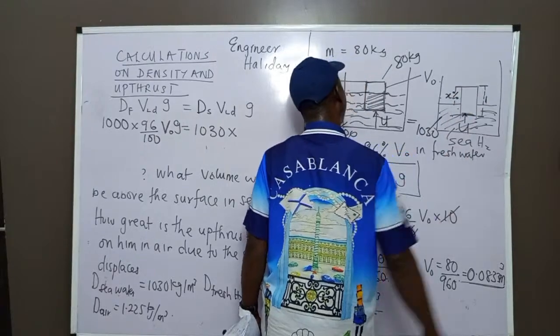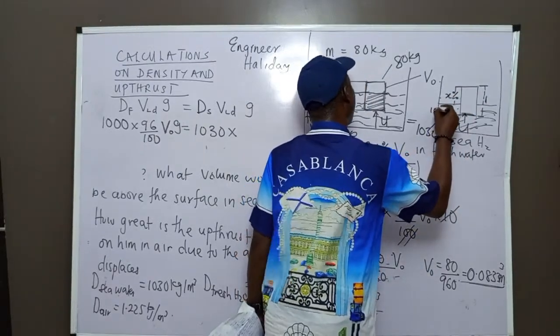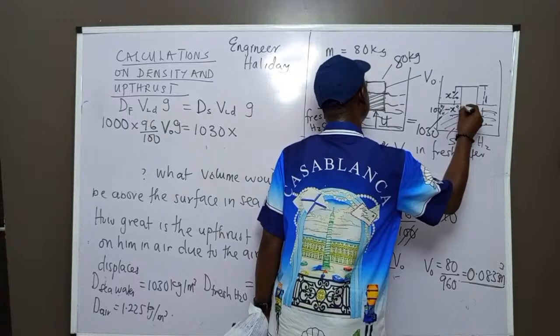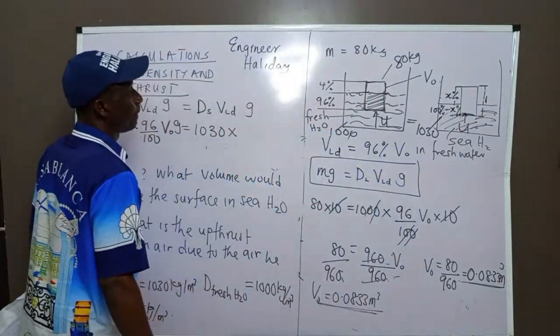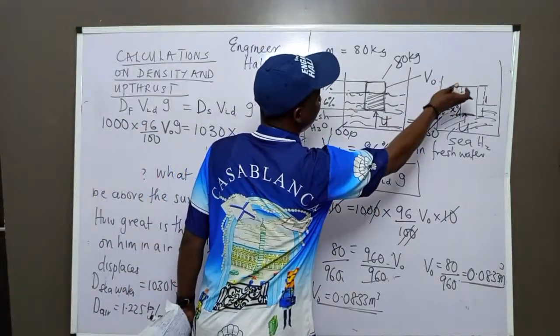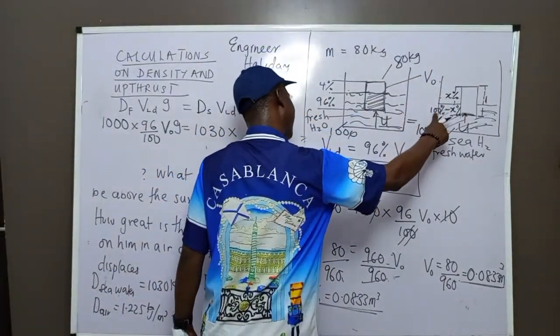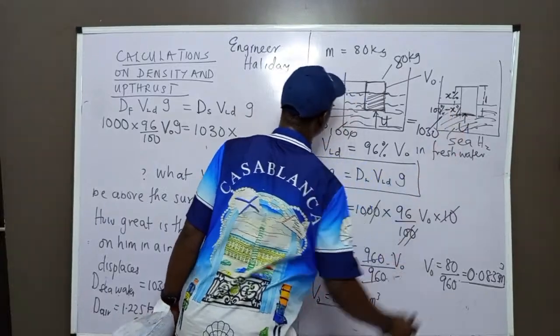If X percent is above, what will be below? 100% minus X percent. That's what is going to be below. So that's what I'm going to use now. Let S percent be the volume above, then let 100% minus S percent be the volume below.